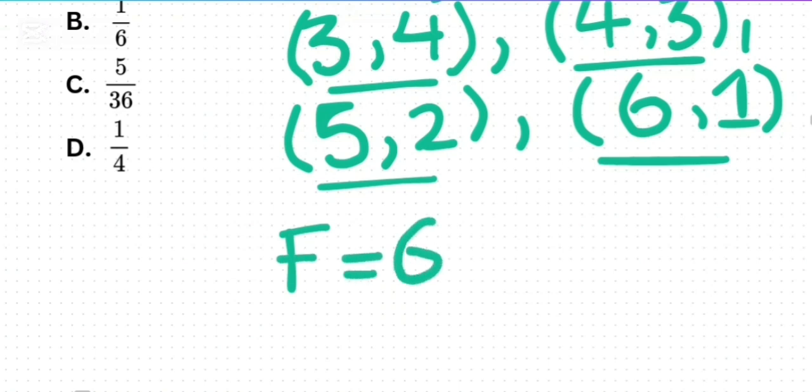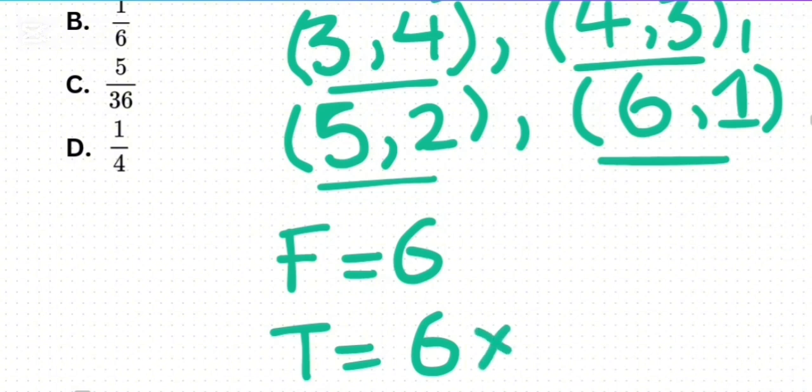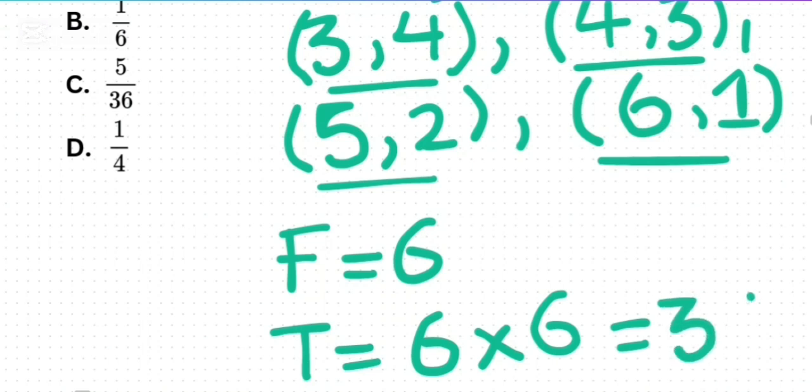And if you see the total outcomes, you rolled that dice twice, which is a 6-sided, so it becomes 6 multiplied by 6, or you can say the square of 6, so you will get the total is 36, right?